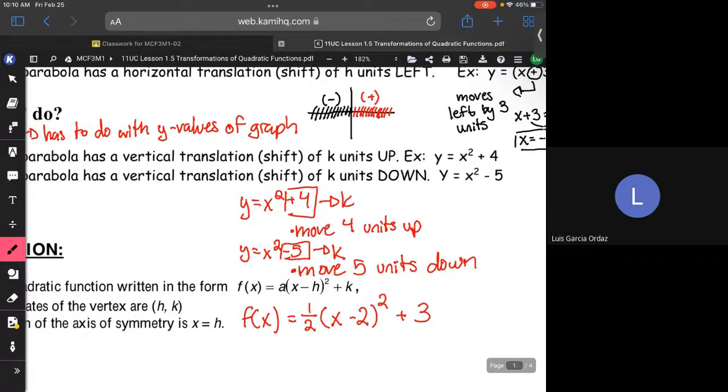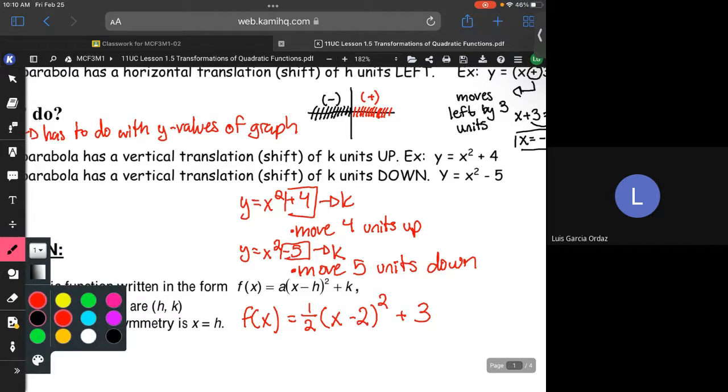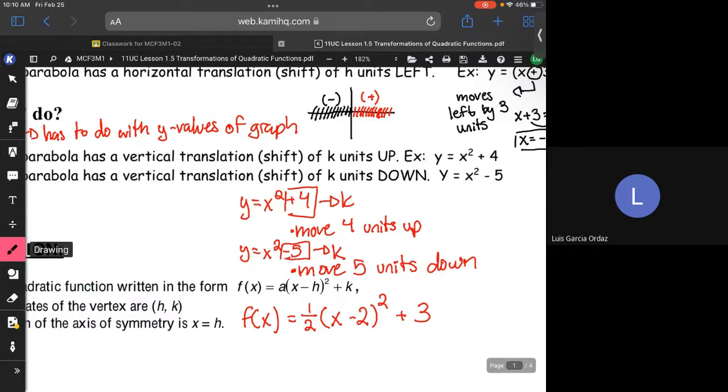Okay, so let's label them a, h, and k first before we do anything. What's my a, what's my h, and what's my k?